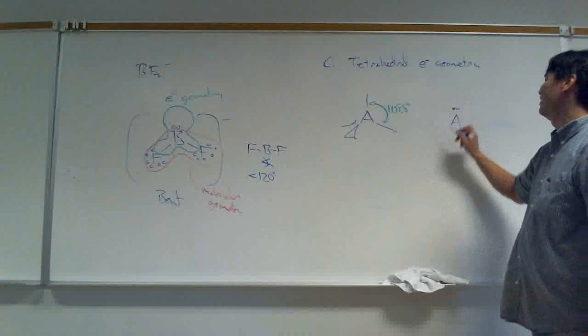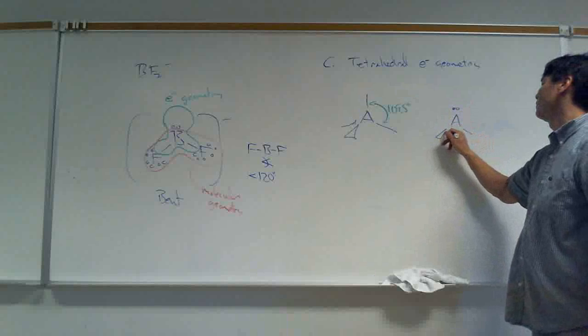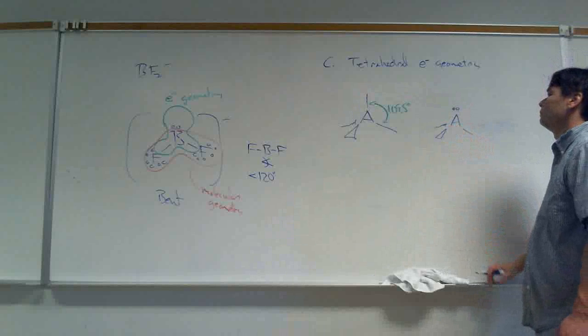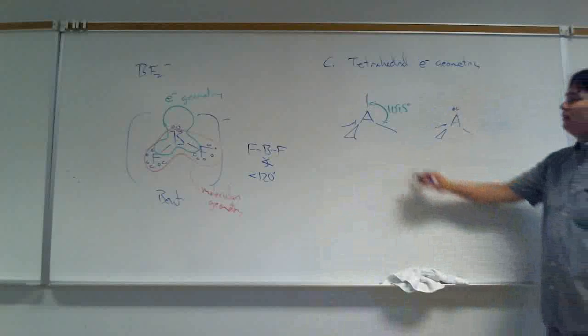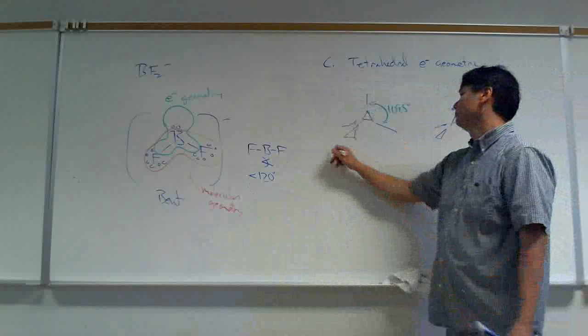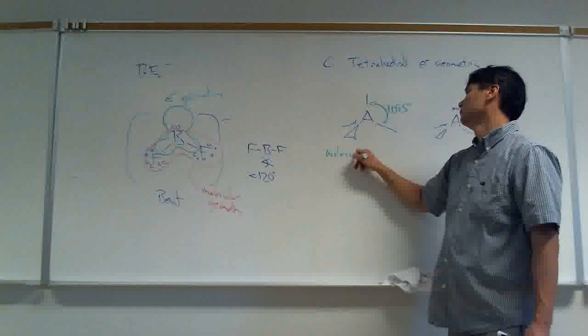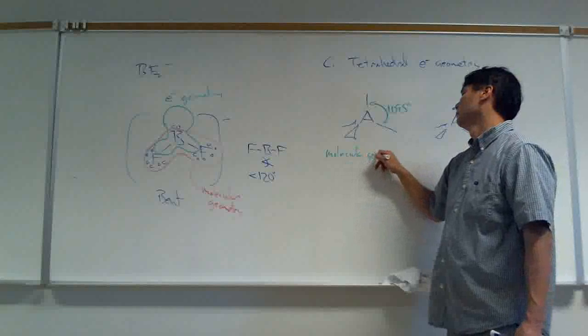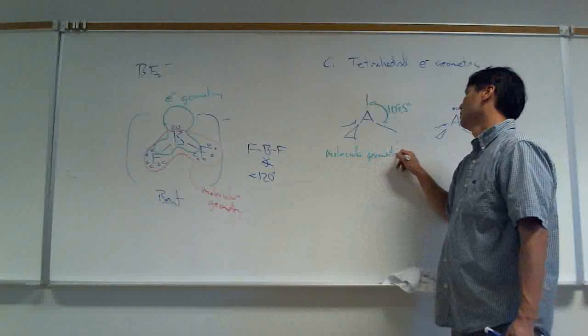We could have a lone pair and then three bonds. If we have four bonds, then the molecular geometry is tetrahedral.